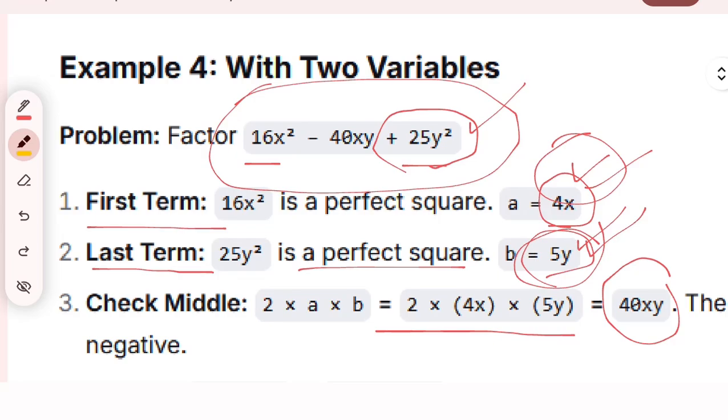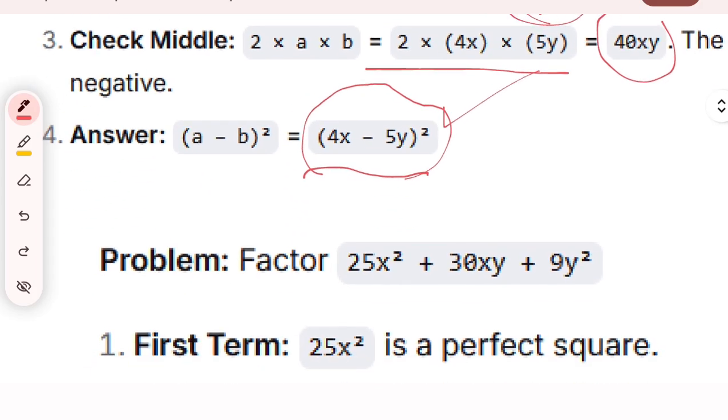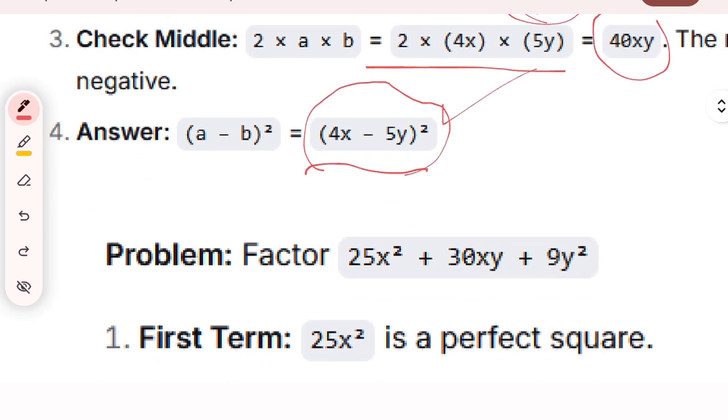As you see here, the middle term is minus 40xy. So since it is minus, the binomial will also carry the minus. So it is 4x minus 5y, and then square it. So that's the factor of the perfect square trinomial: 4x minus 5y times 4x minus 5y.